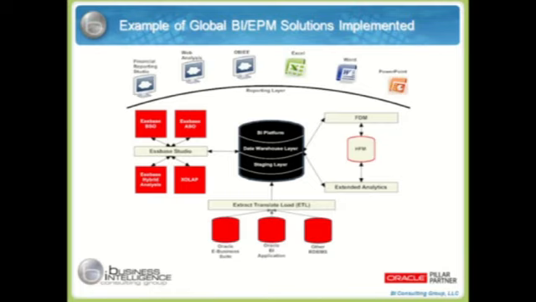So this is our global BI EPM vision. And on the top of this slide that you see here are the various reporting tools that a lot of organizations are leveraging. So sitting on top of the architecture demonstrated here allows you the capability of getting to vast amounts of information.